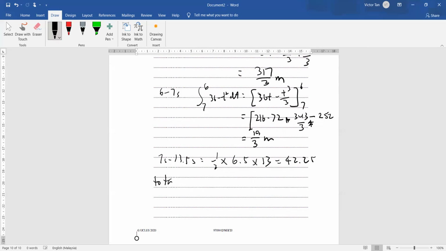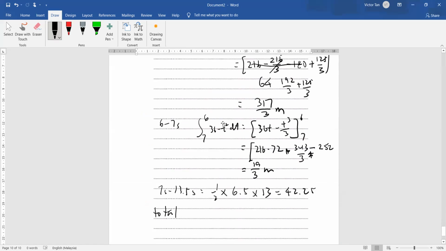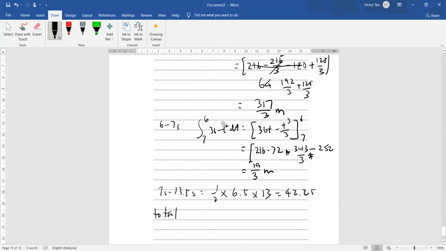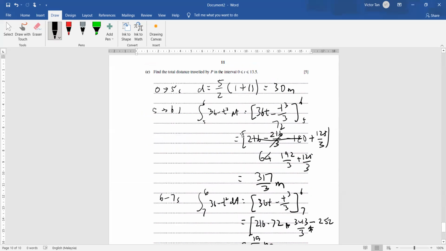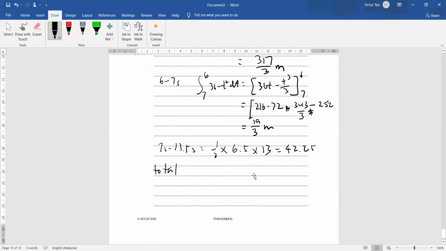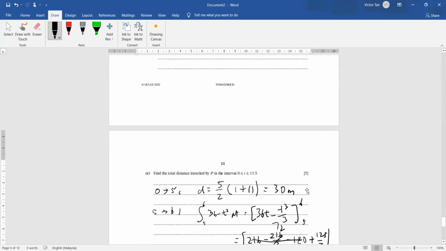So total distance traveled, a bit of calculation, but you get what I mean.